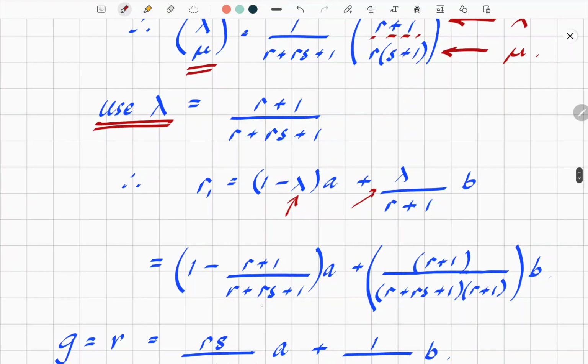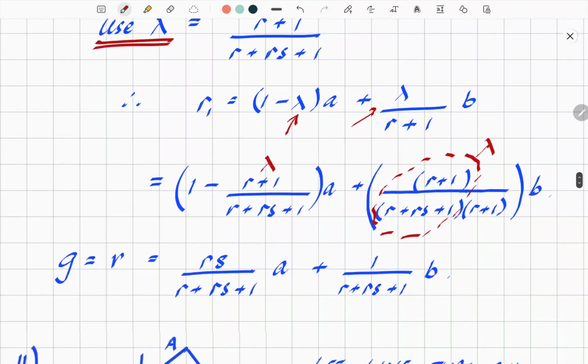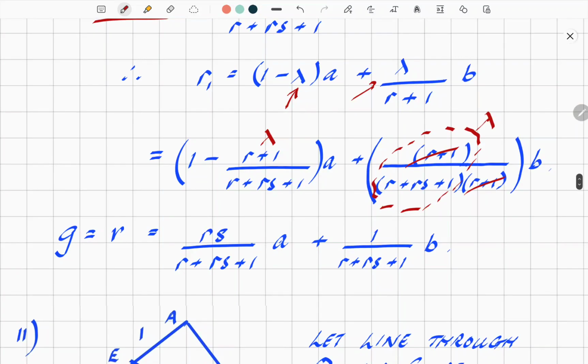So that's your lambda there, and this part, how should I write this there, is lambda, all right. So when you again tidy all that up, remember that that cancels with that, and you end up with the position r, right, that we're looking for in this case, is given by rs over r plus rs plus 1, all times a, plus 1 over r plus rs plus 1, all times b.